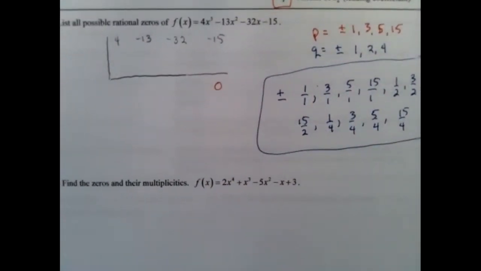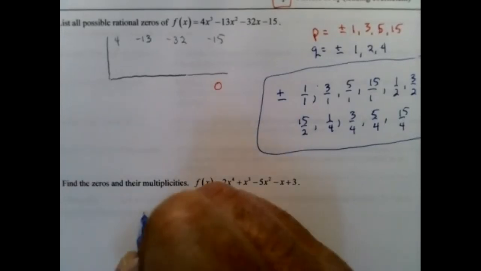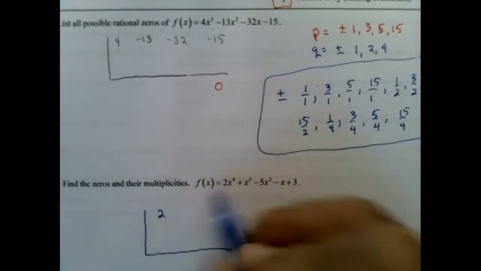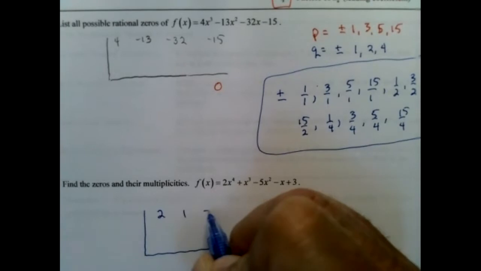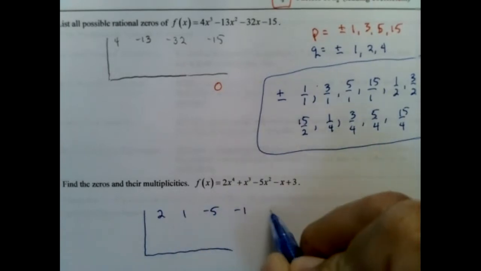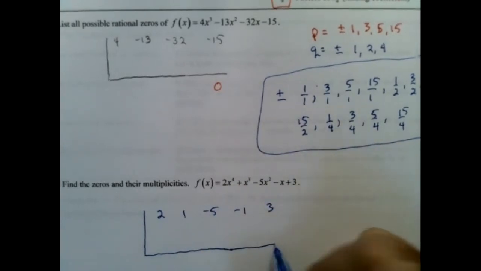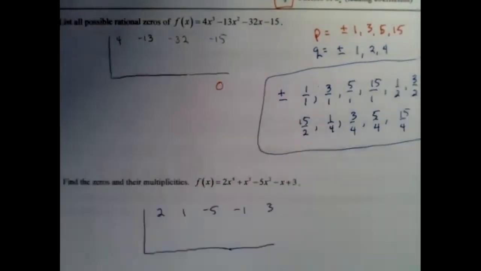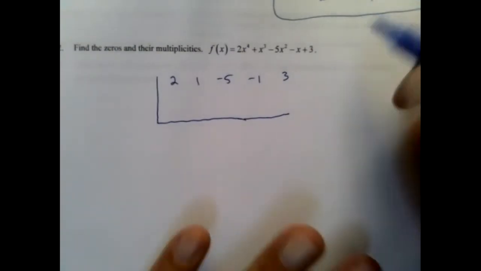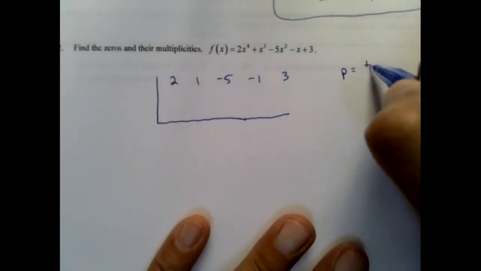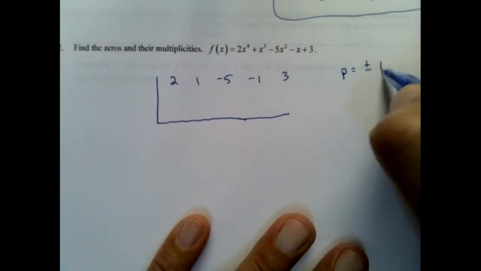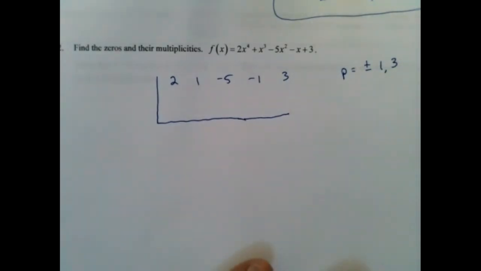All right, number 2. That looks a little better. I'm going to write it out to get ready to do my synthetic division. I have my coefficients 2, 1, -5, -1, and 3. I'm hoping to get a 0 down there. I now need to come up with my good guesses. Again, P is going to be plus or minus the factors of the constant term, which are 1 and 3.